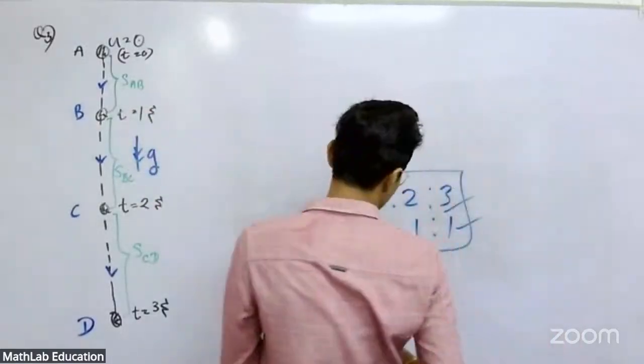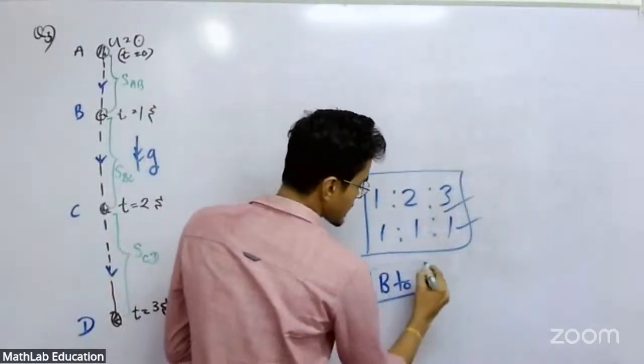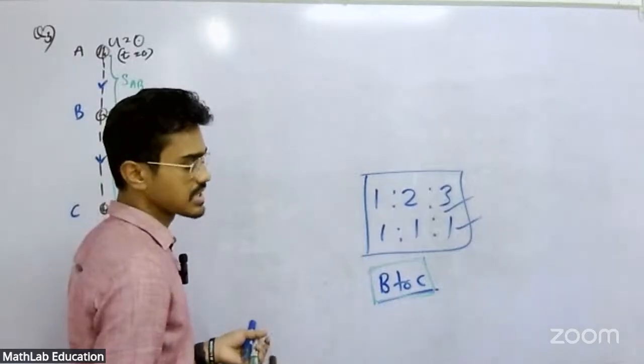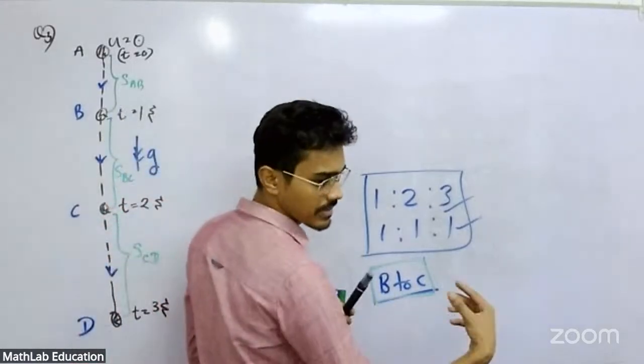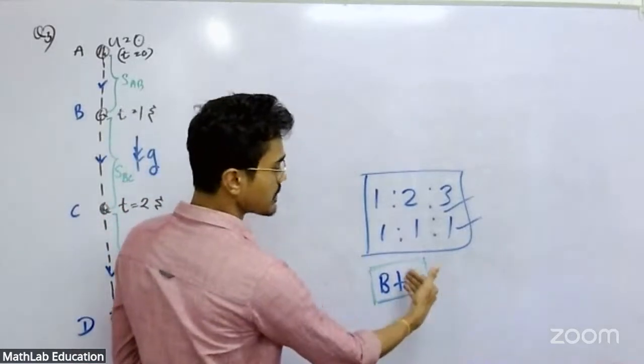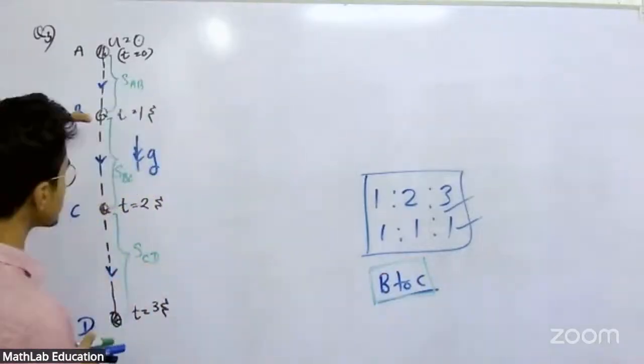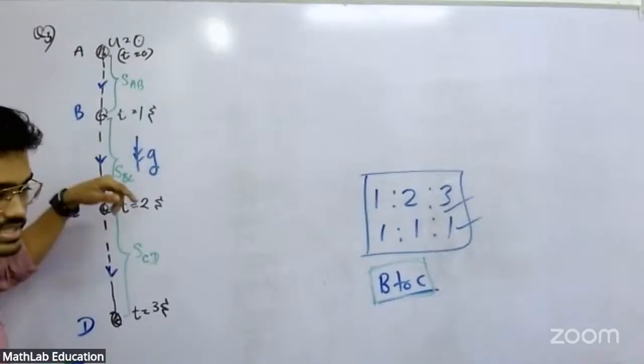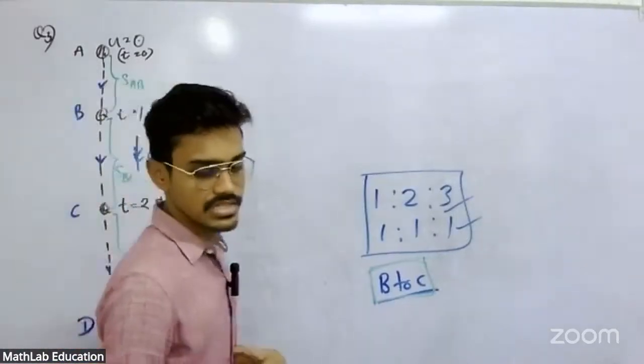Now, all these things are with respect to the section. If your section is B to C, the time is final time minus initial time. The section is from B to C. The final time is t equals 2, the initial time is t equals 1, so the time duration is 1 second.